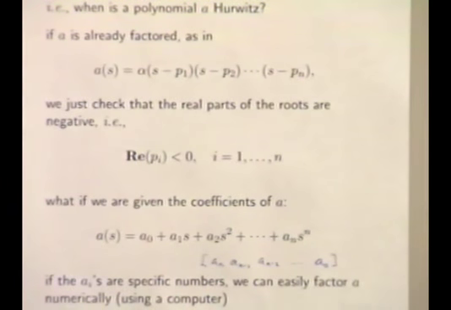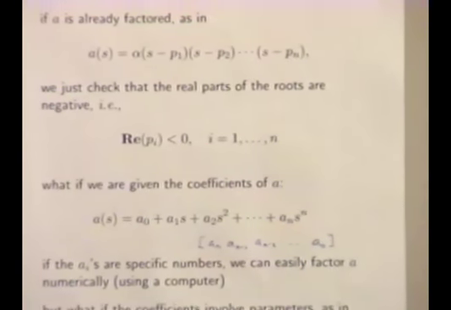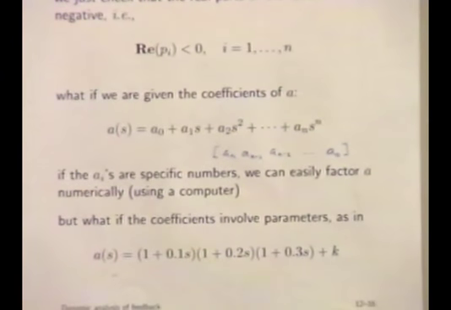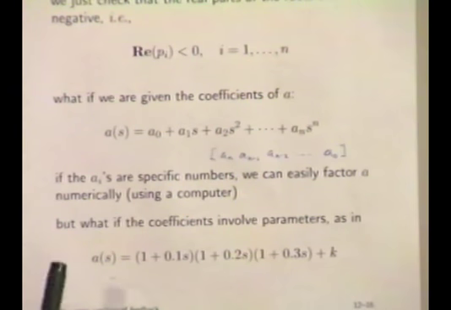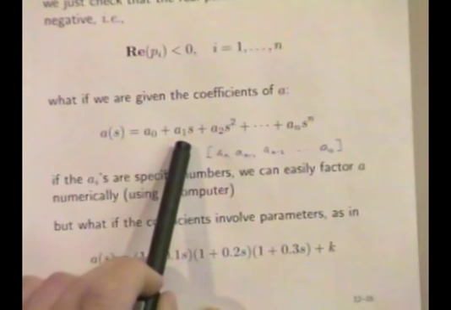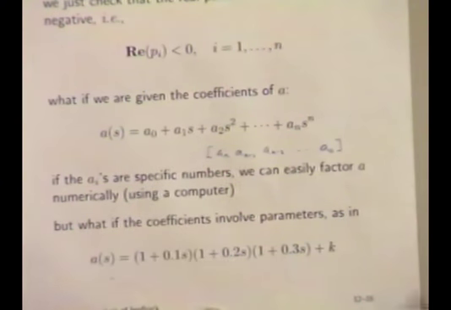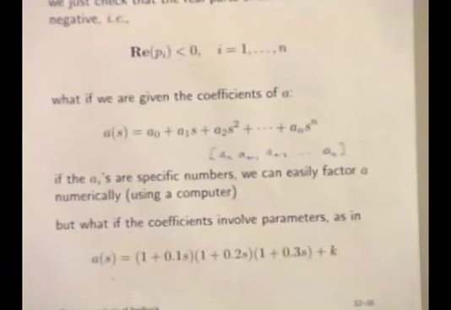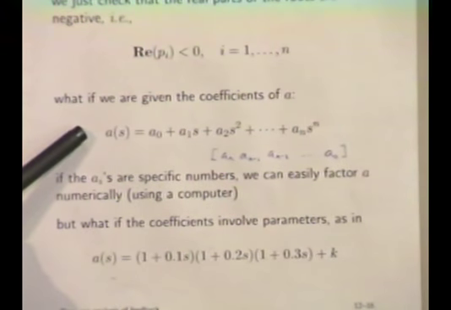And then I say, tell me about the stability of a system whose denominator is given by this polynomial. This is also very important in the context of control, because now the controller parameters will affect these coefficients. So you'd like to know for what parameters your polynomial a has roots on the left-hand plane.